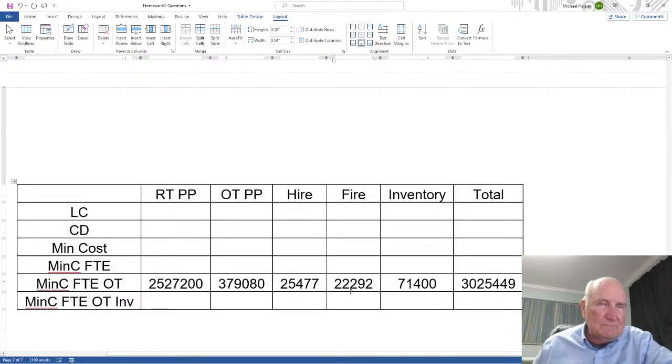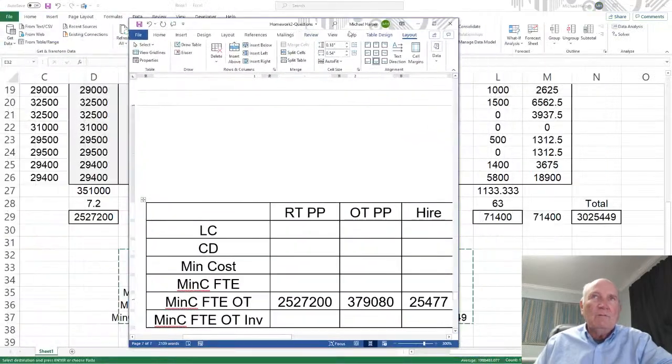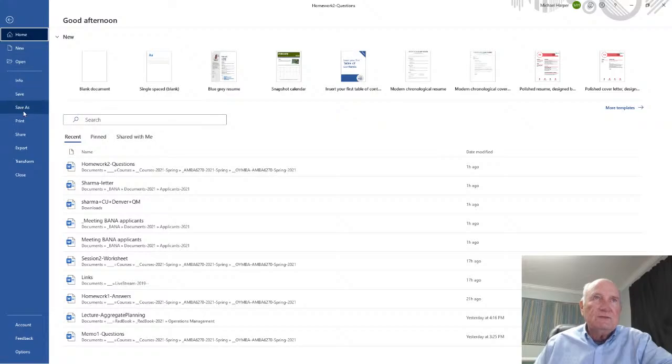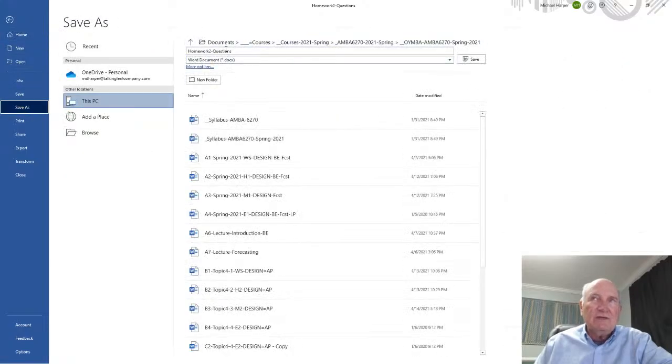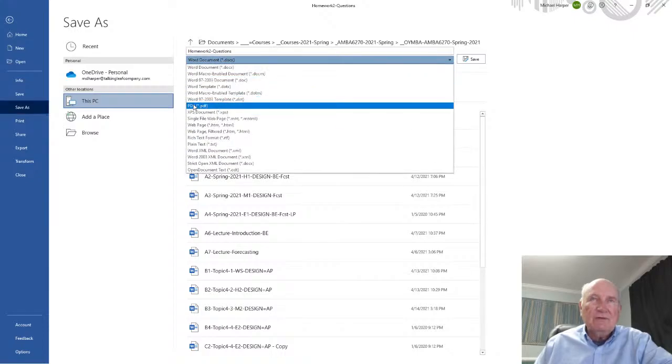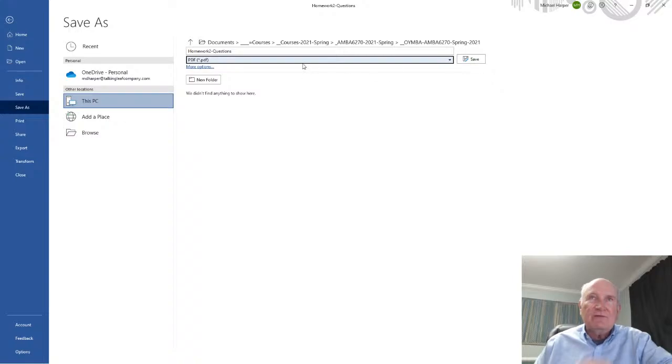It's not bad. But then it's a PDF. So when you come to File, Save As, whatever you're saving it as, then under the Document down arrow, you come down to PDF and click PDF, save it. It saves it as a PDF. That's what you upload. Okay?